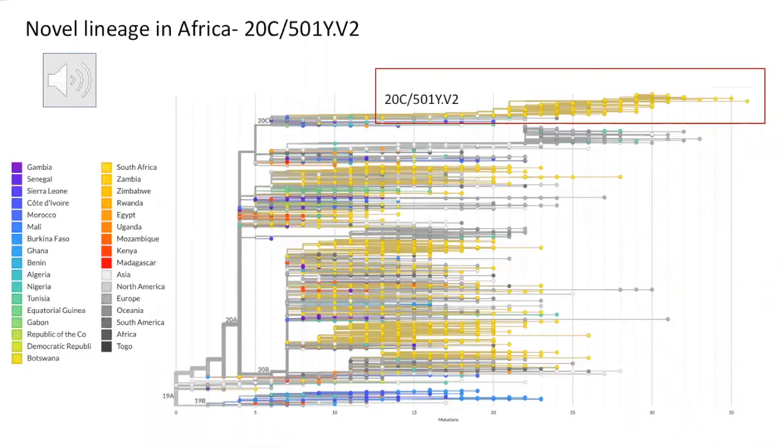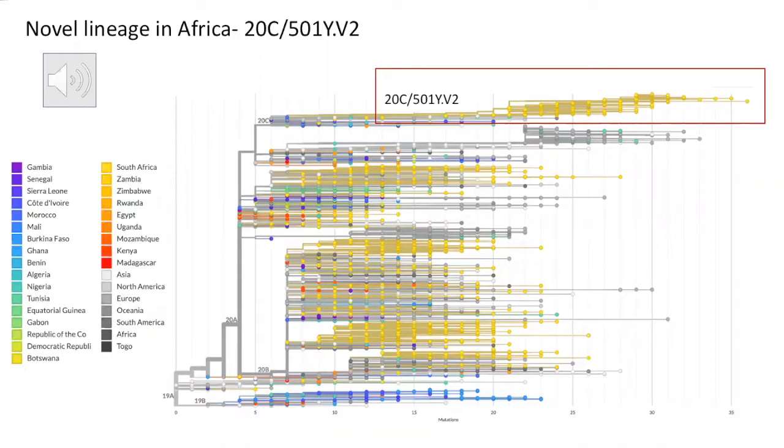So this is a very different lineage. The new lineage has spread rapidly throughout South Africa, and it has been given its own subgrouping, which is 20C/501Y.V2. So now the new lineage is not within the B2 cluster that B117 came from, it is within the 20C cluster.